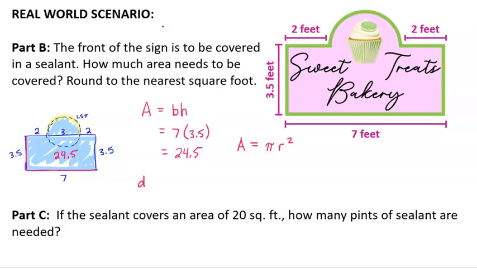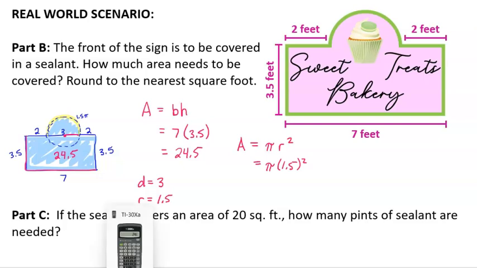So in this case, if the diameter is 3, the radius is going to be half of that. So it's going to be 1.5 because it's only going from here to the outside. And we can go ahead and plug that in. So pi times 1.5 squared. And let's go ahead and get that into our calculator.